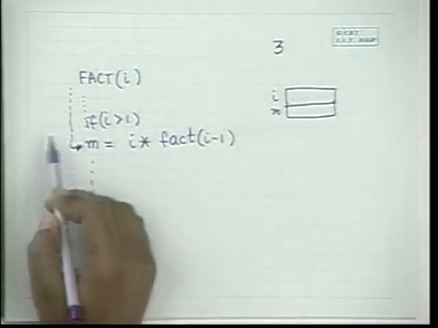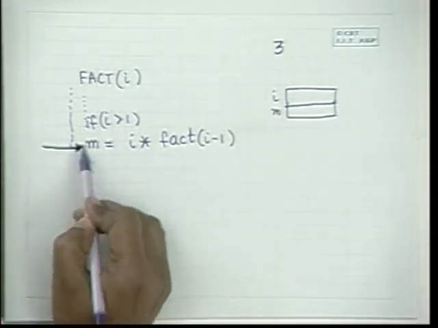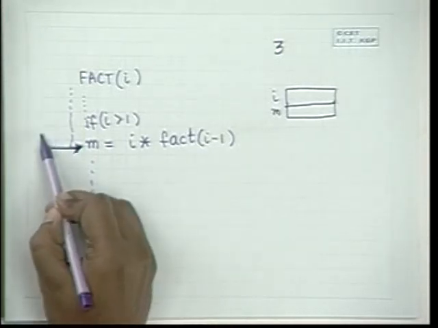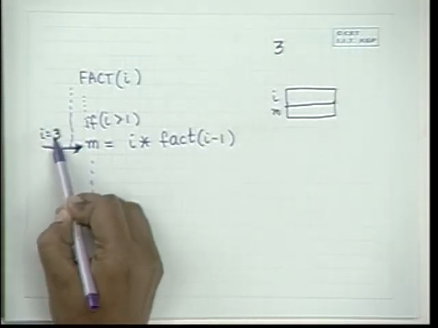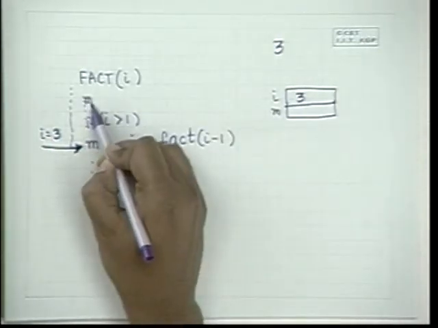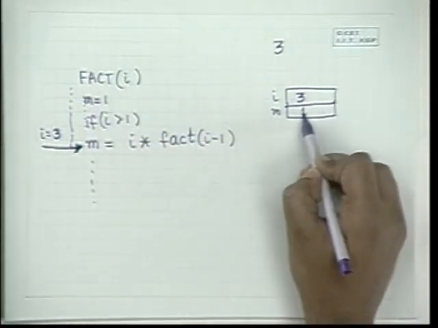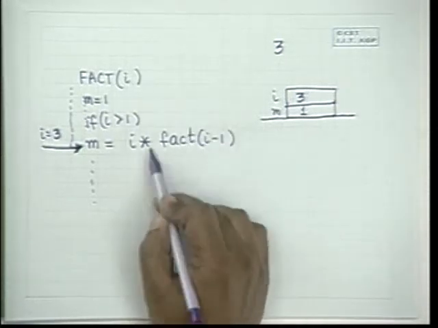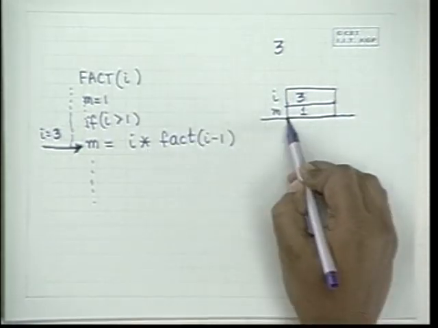So there is a pointer which waits here and calls it, and it is waiting for the return for the call when I is equal to 3. So here I is equal to 3, and m we had initialized to 1. And at this point it calls fact 2.